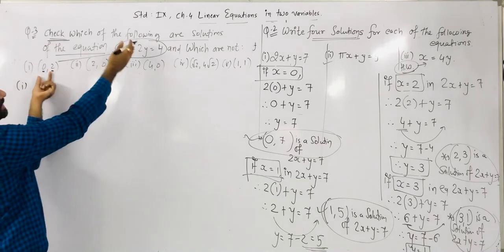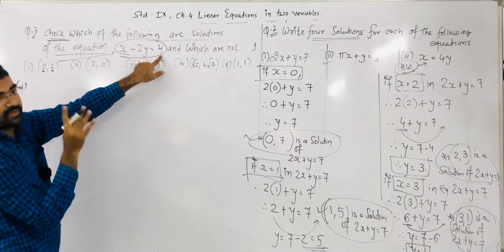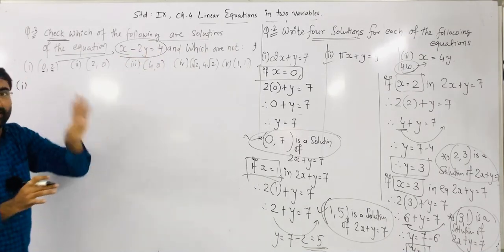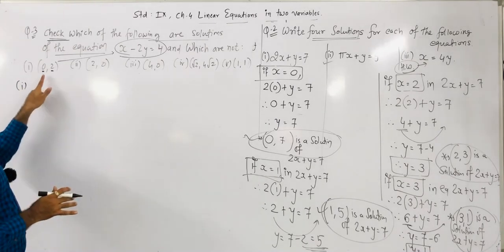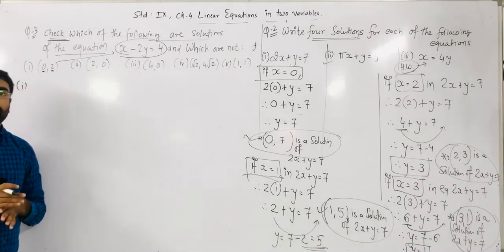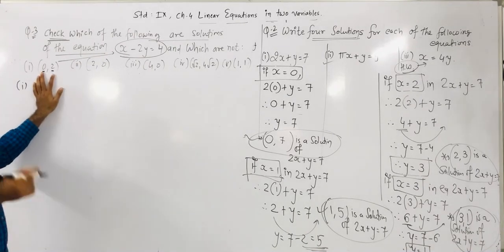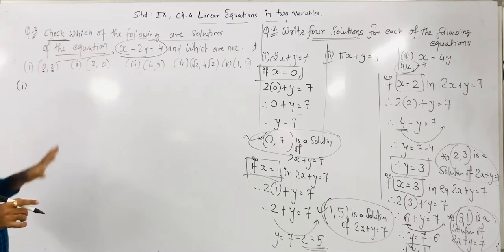We have to put them in the equation. Left hand side we put, and right hand side here is 4. We check whether the left hand side value and right hand side value are the same or not. If they are equal, then you can say 0, 2 is a solution of the given equation. It is very easy. From the given coordinate, x is 0 and y is 2, we have to put in that equation.